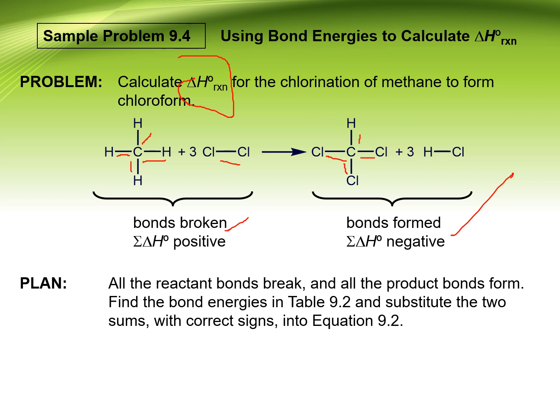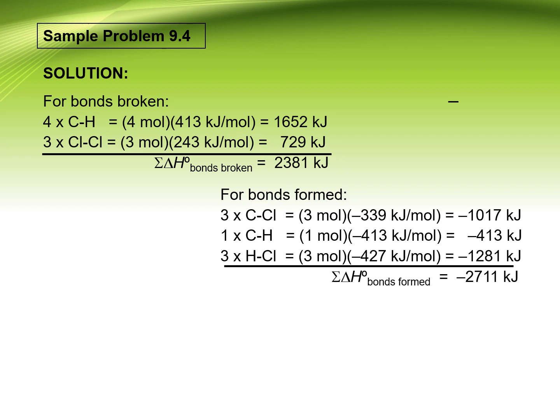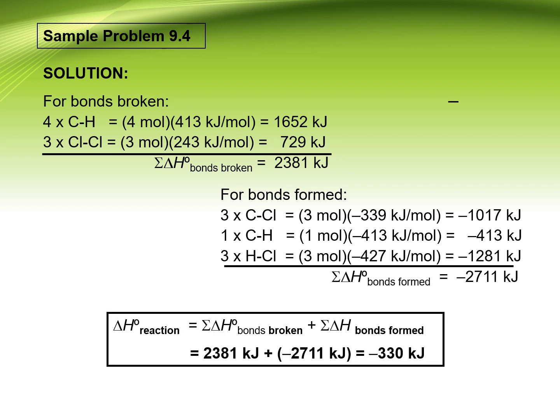The difference between the bonds formed and bonds broken will result in the enthalpy of reaction. Try to calculate the bond energy of each bond in the reactants and in the products, and the difference between bonds broken and bonds formed will give you the enthalpy of reaction.